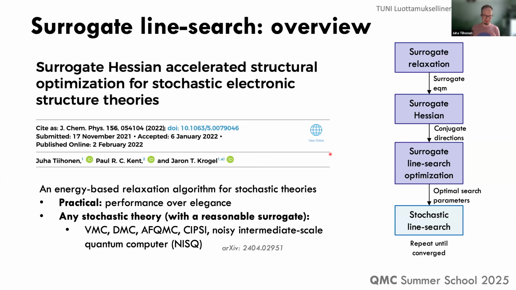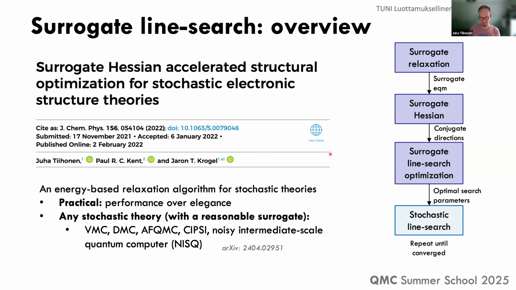We just get the job done. And like I said, it can be used on VMC, DMC. In principle, QMC, SIPC, I haven't tried it, but I guess it should be possible. Anything with a reasonable surrogate. I'll get back to the concept of surrogate in a bit.